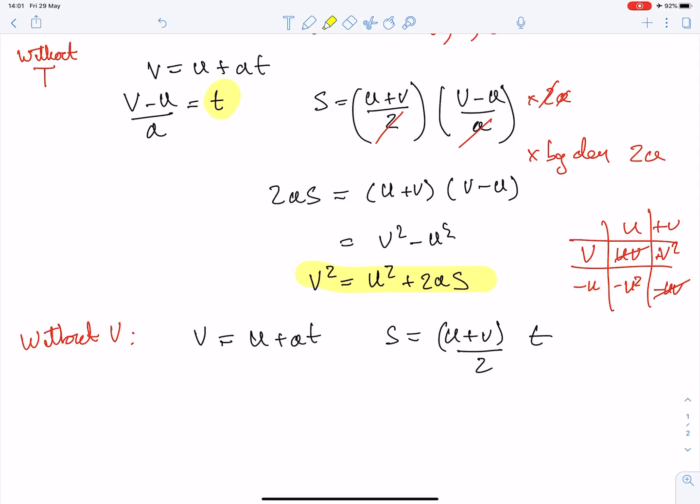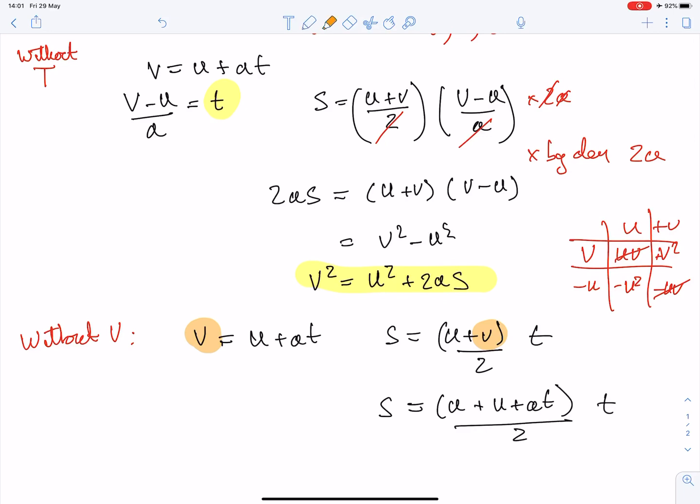And we're going to substitute in for the v. So we get s equals u plus, instead of v, u plus at, all over 2 times t.